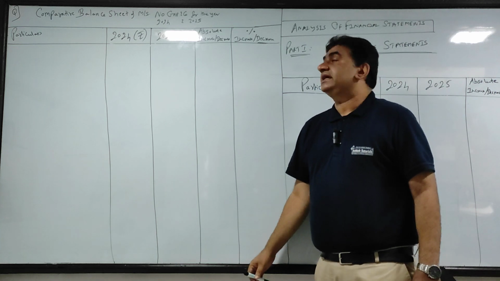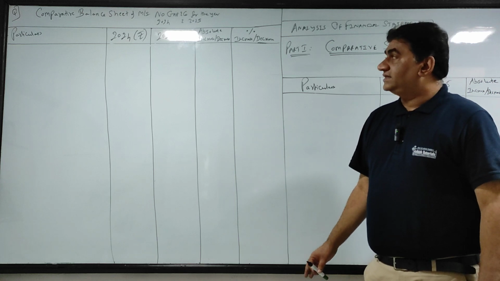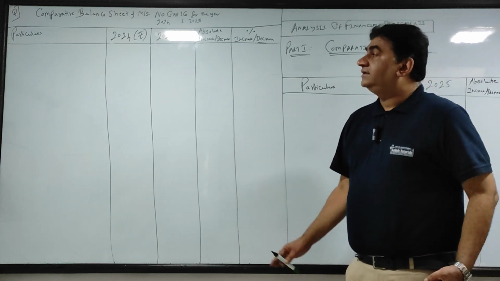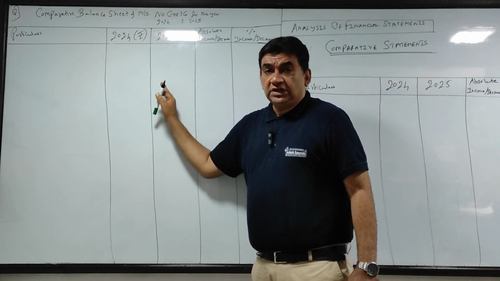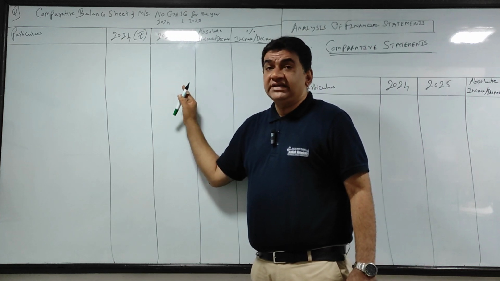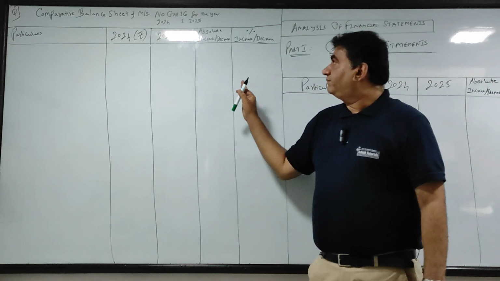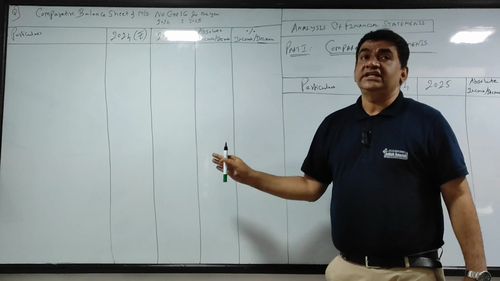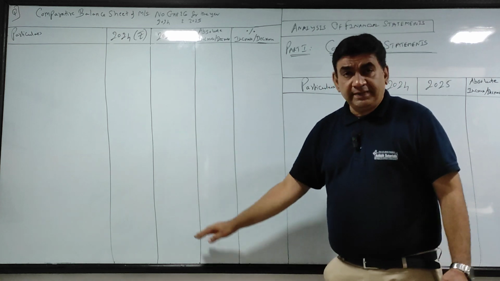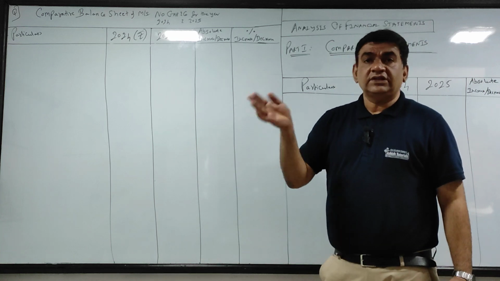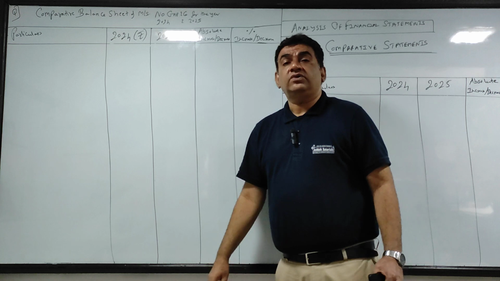I'll repeat: Particulars, 2024 amount, 2025 amount, absolute increase decrease, which means change in terms of amount, and percentage increase decrease means change in terms of percentage. Make one full page; later if needed, you can extend it.